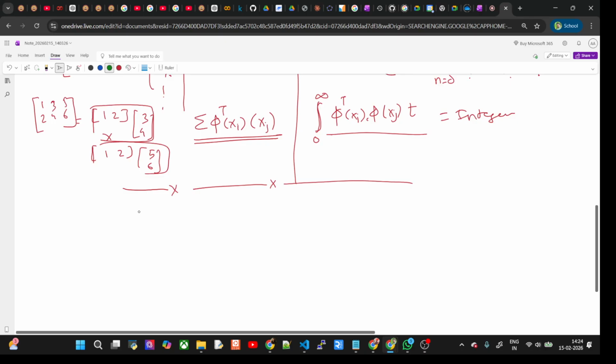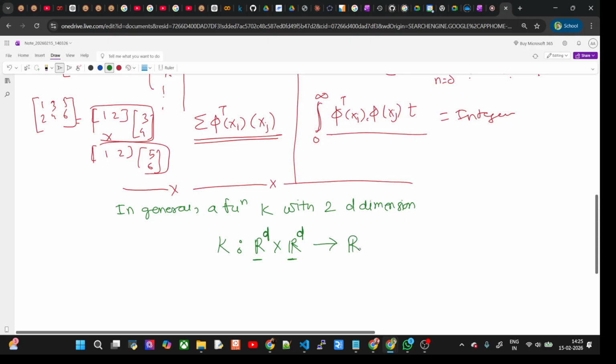Given a function, whatever it may be, like a polynomial function or exponential function, in general a function k with two d-dimensional data points gives output as a real number.